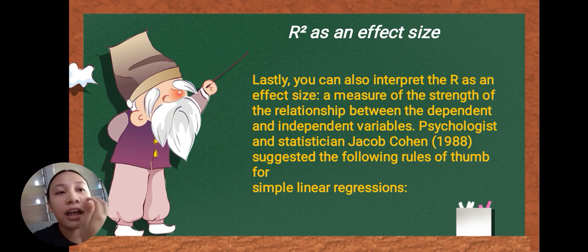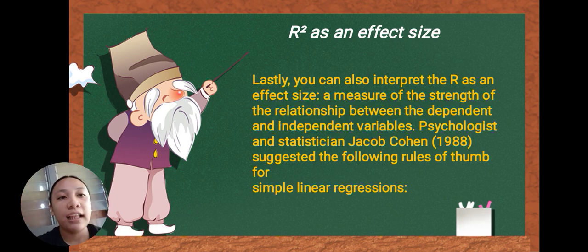R squared as an effect size. Lastly, you can also interpret R squared as an effect size, a measure of the strength of the relationship between the dependent and independent variables. Psychologist and statistician Jacob Cohen, 1988, suggested the following rules of thumb for simple linear regressions.